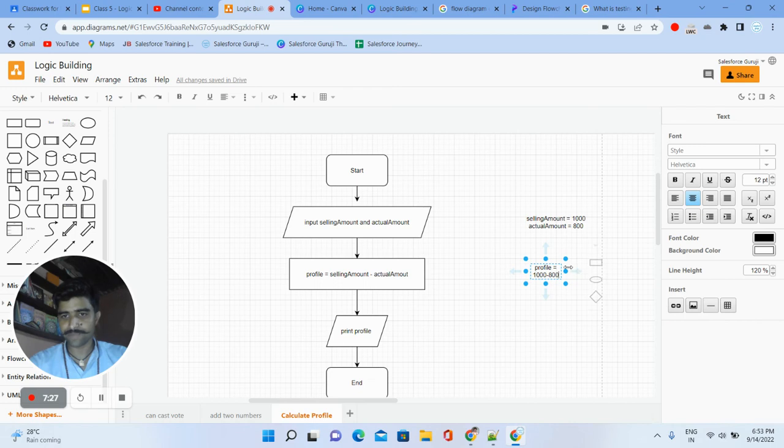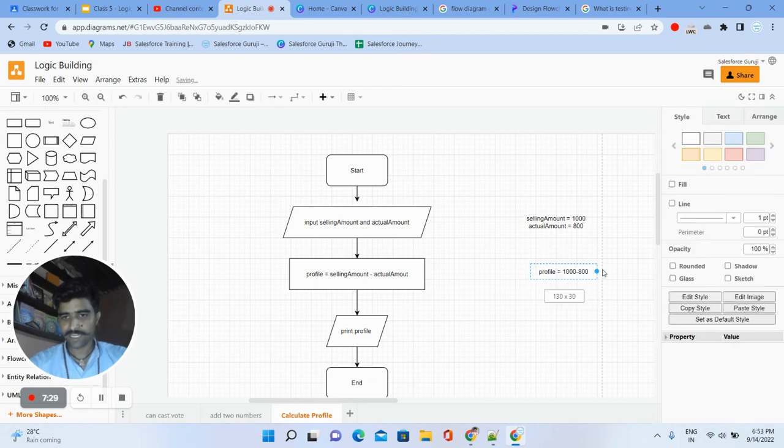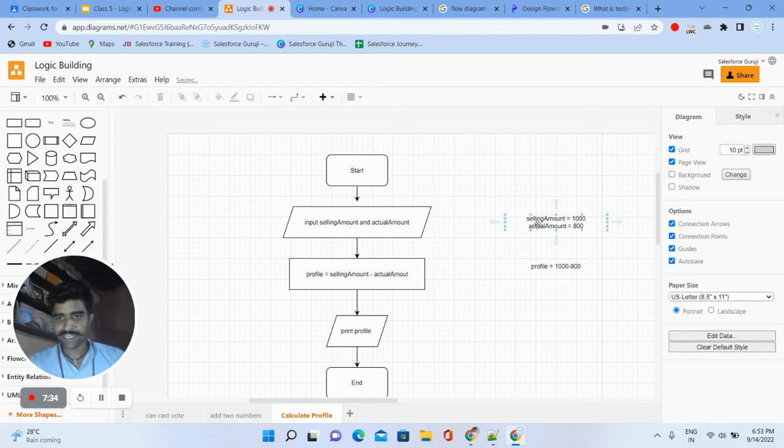How is this happening? In our formula, selling amount minus actual amount, the selling amount is 1000, so we are putting 1000 here, and the actual amount is 800, so we are putting 800 here.